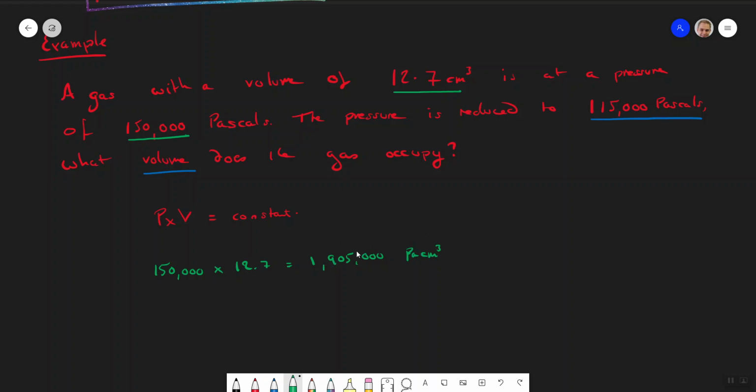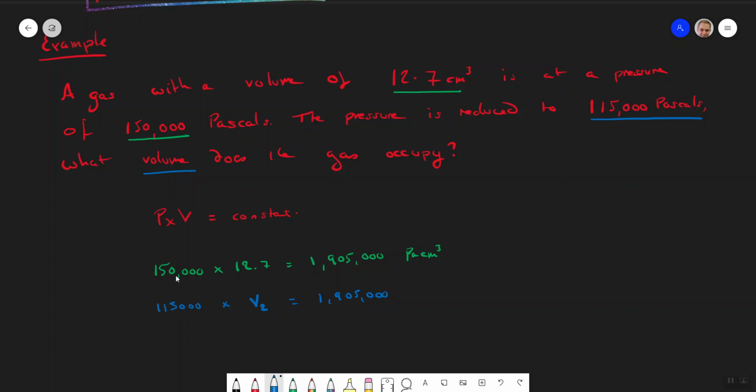That's just the number. But we also know that that number has got to equal, because this has got to be the same thing, our final pressure, so 115,000 times our final volume, has also got to equal the same number, because that's what Boyle's law tells us.